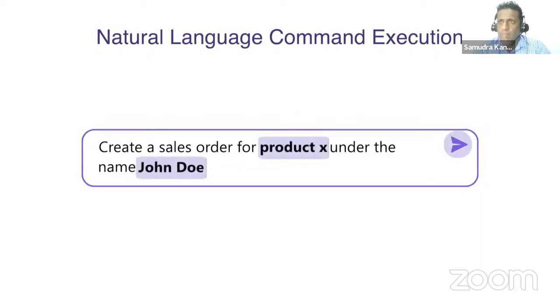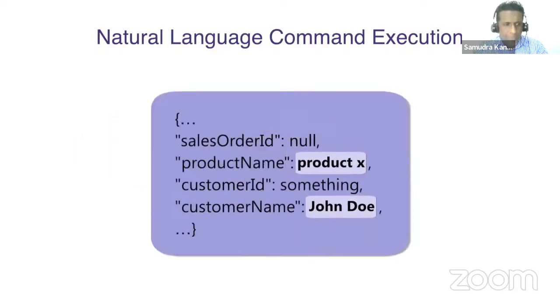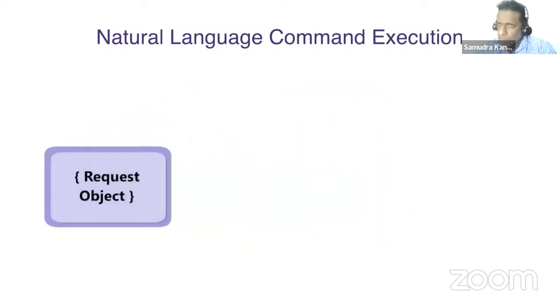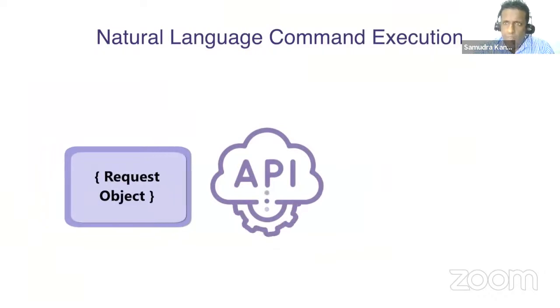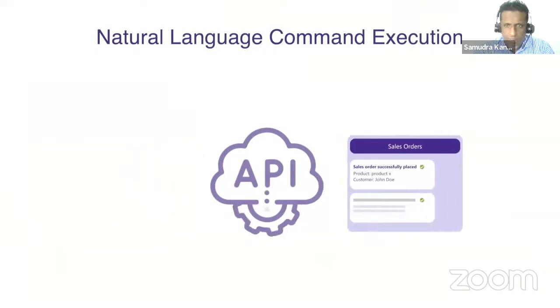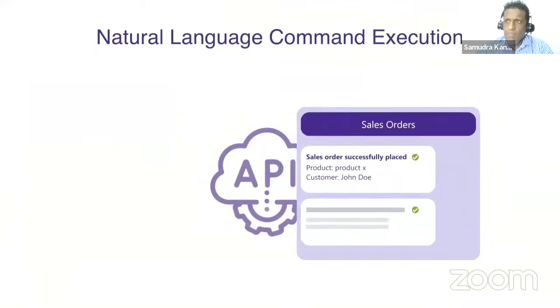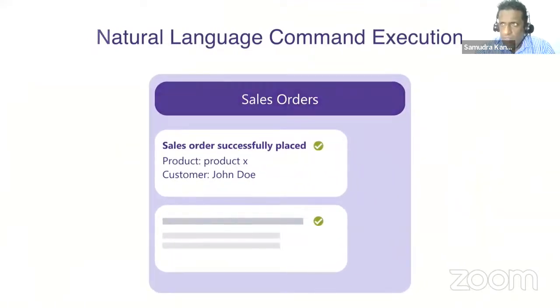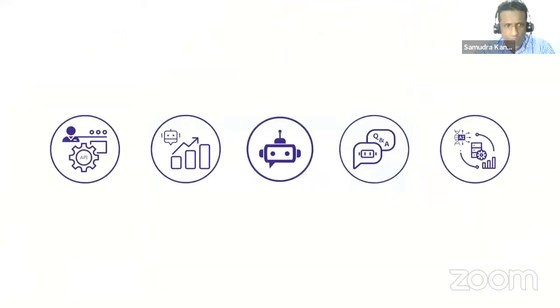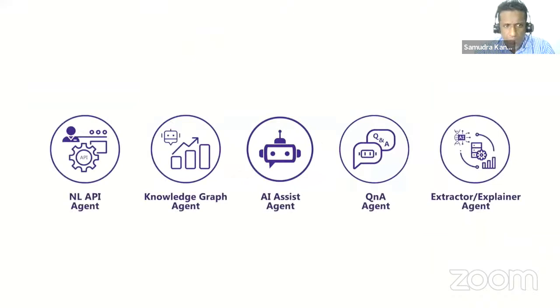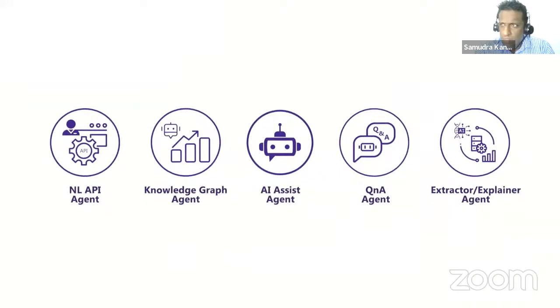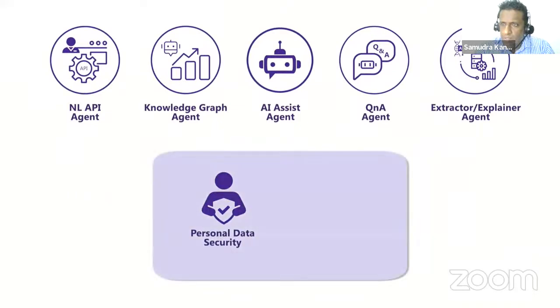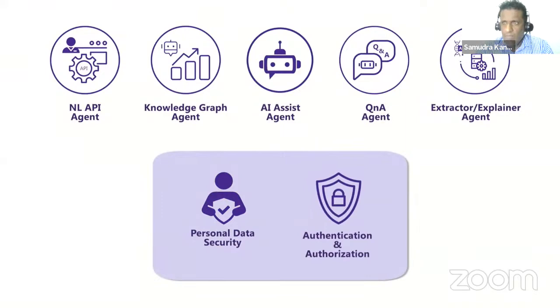Optimaxer AI brings in human-like AI agents who can perform complex tasks with a simple natural language command to optimize your business workflows. These customizable human-like agents are specialized in performing complex tasks, while ensuring features like personal data security, authentication, and authorization.